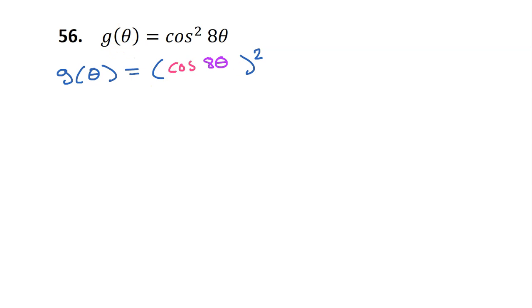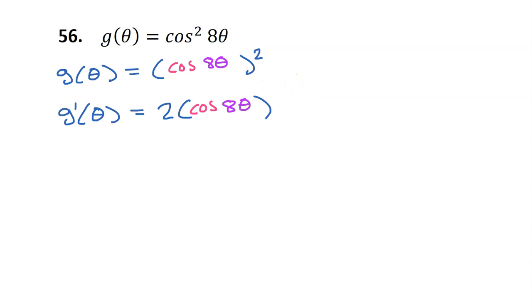So according to the chain rule, when we take the derivative, first we do the derivative of the outer function. So we will do the derivative of the blue, which will be 2 times whatever is on the inside. And when we do this step, we leave the inner part the same.